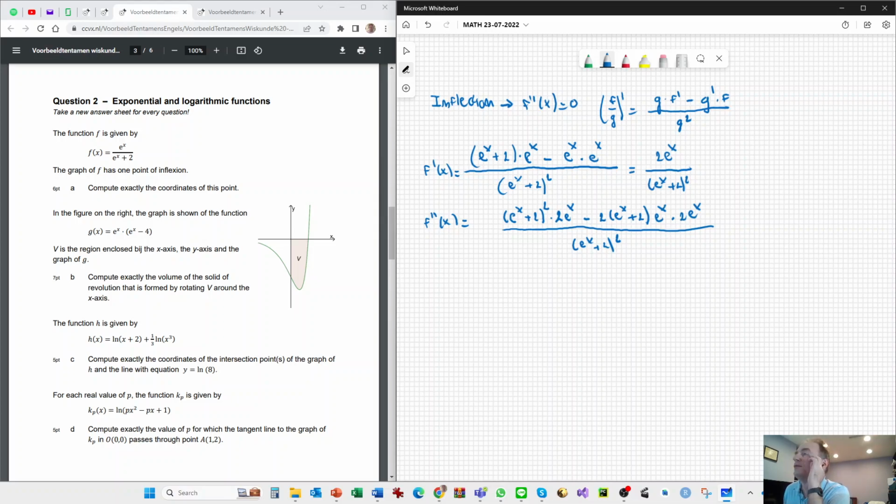So this is my denominator times the derivative of the numerator, and minus the derivative of the denominator times the numerator. So this is all correct.